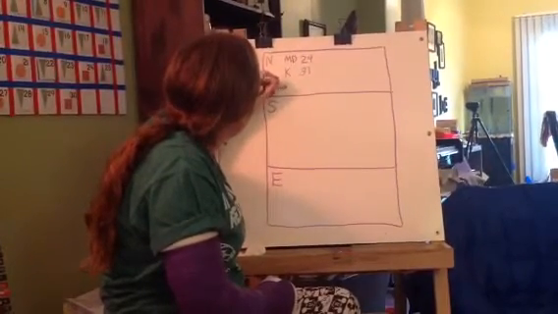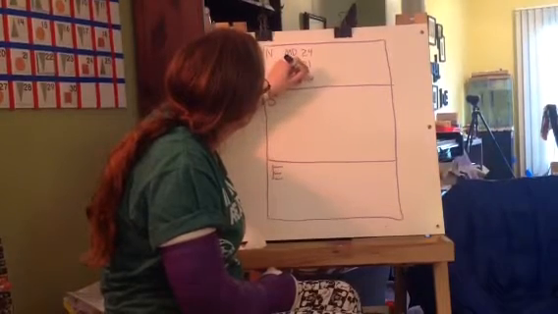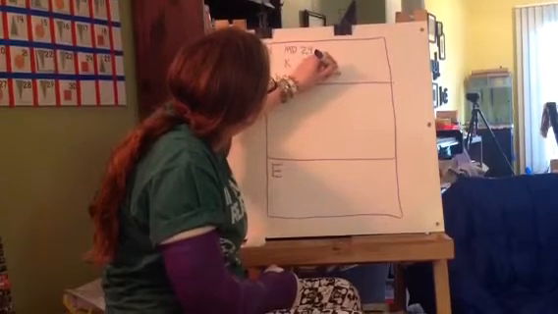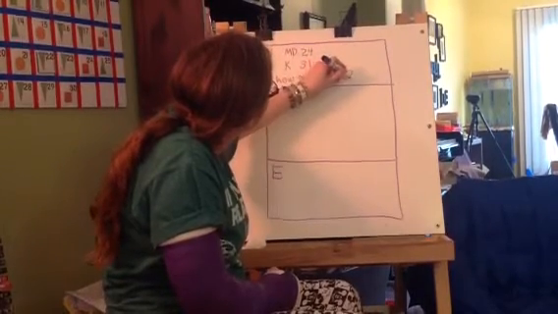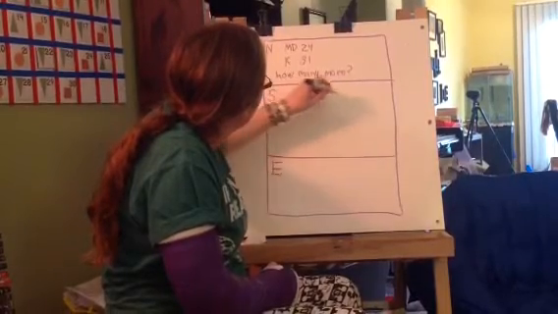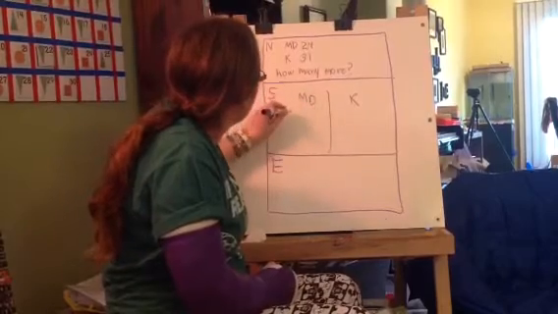And I want to know how many more does Kennedy have than Miss Drass? So I'm going to put Miss Drass on this side, and I'm going to put Kennedy on this side. And Miss Drass had 24.